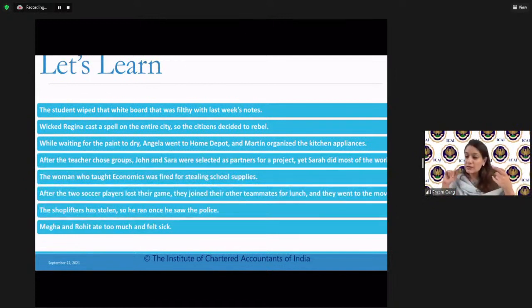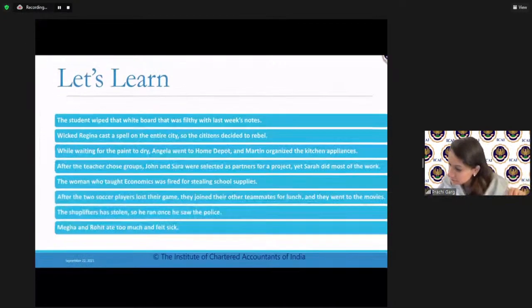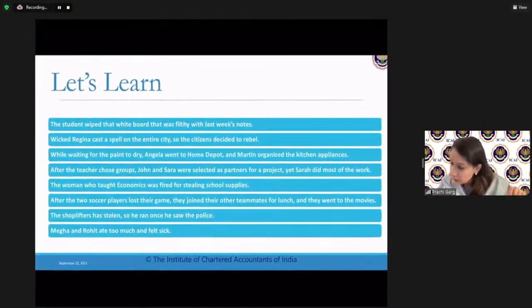Wicked Regina cast a spell on the entire city, so the citizens decided to rebel. Okay, let's do this.